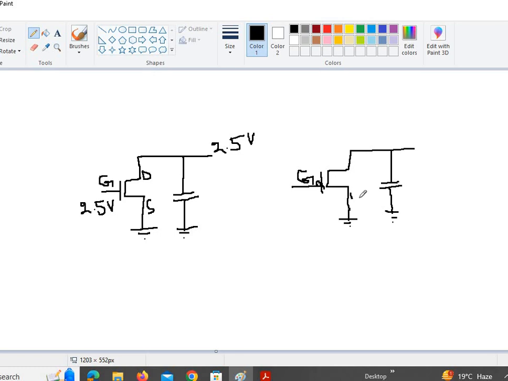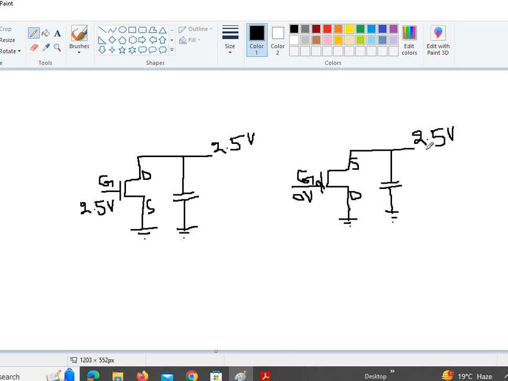The drain would be connected to ground, the source would be connected to the output, and a PMOS transistor conducts when the input is 0 volts. That's an awesome 0. So assume that we need to pull the output down from 2.5 volts to 0 volts. Initially our VGS is 2.5 volts, and this transistor conducts.